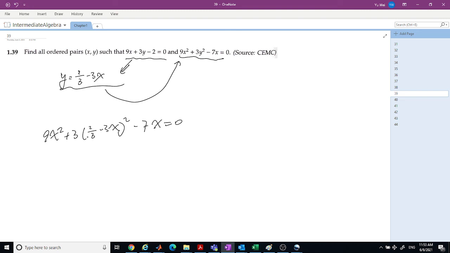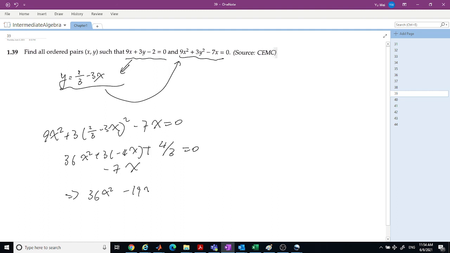Then what we can have is 36x squared plus 3 times (negative 4x plus 4 over 3) minus 7x equals 0. Then we can further simplify it: 36x squared minus 19x plus 4 over 3 equals 0.